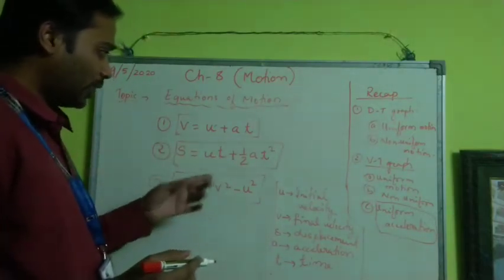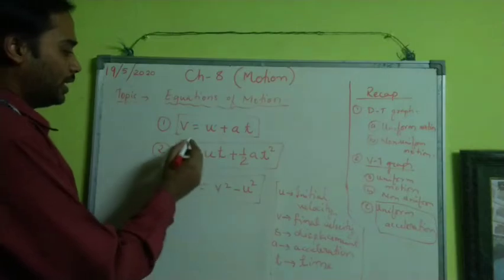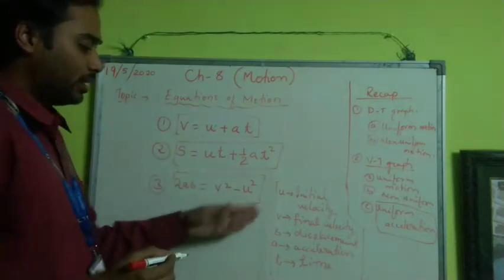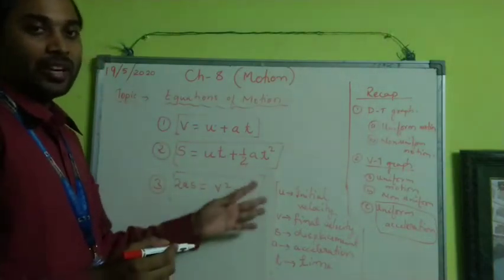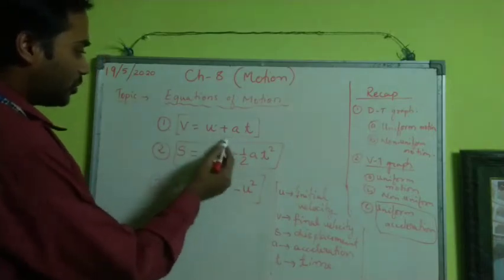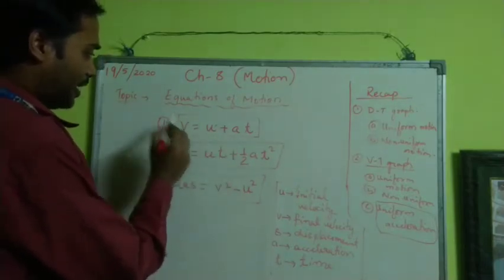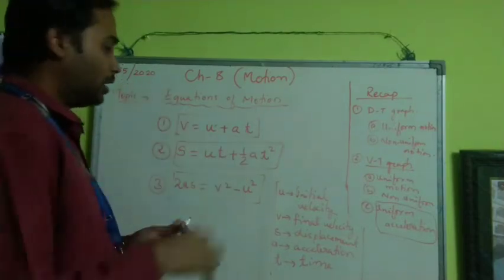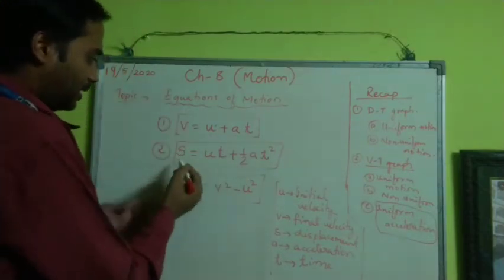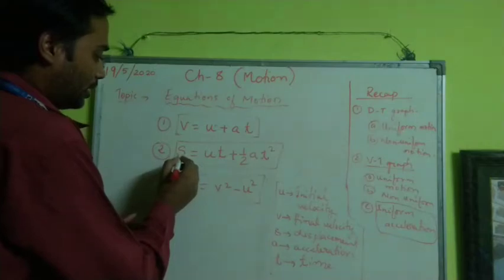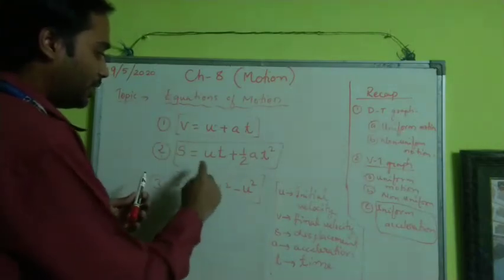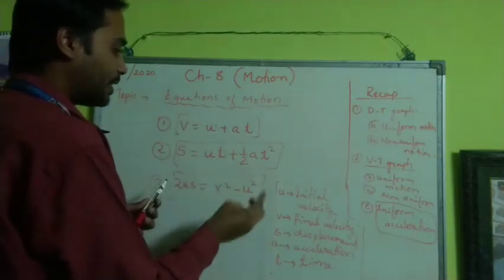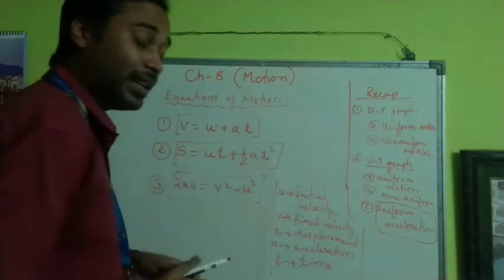Now one thing to be noticed here, in each of the equations we are using any four out of these five physical quantities. So in equation 1, there is final velocity, initial velocity, acceleration and time. So there are four quantities. Again in the second equation, s is displacement, u is initial velocity, t is time, and a is acceleration.